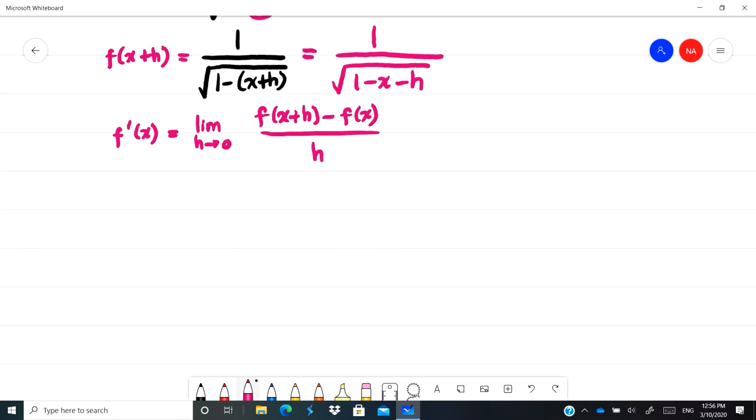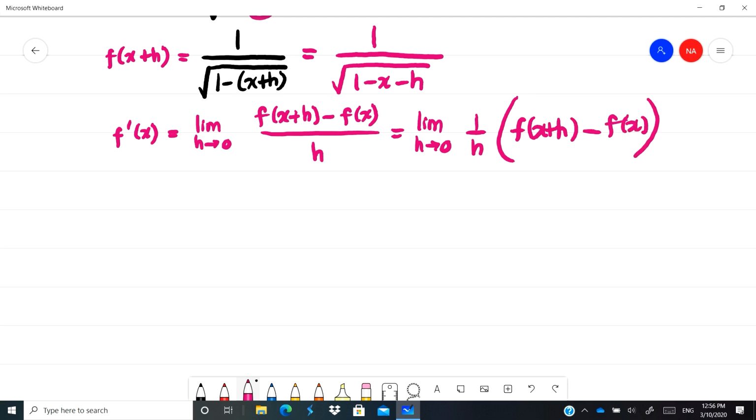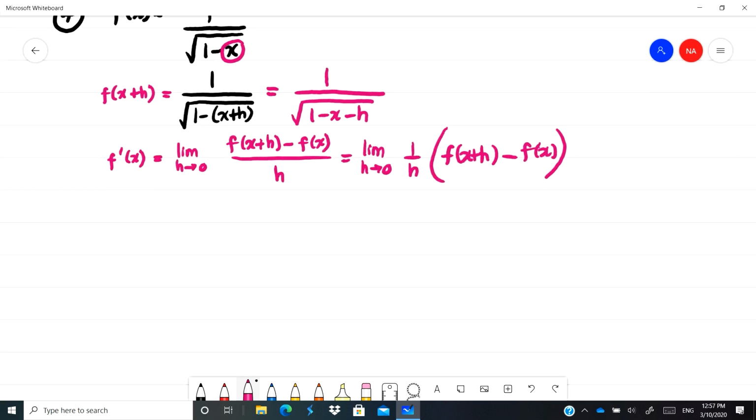Because it involves fractions, we have to modify this formula a little bit. So we'll have limit as h approaching 0 of 1 over h of f(x plus h) minus f(x). So try to use the formula.